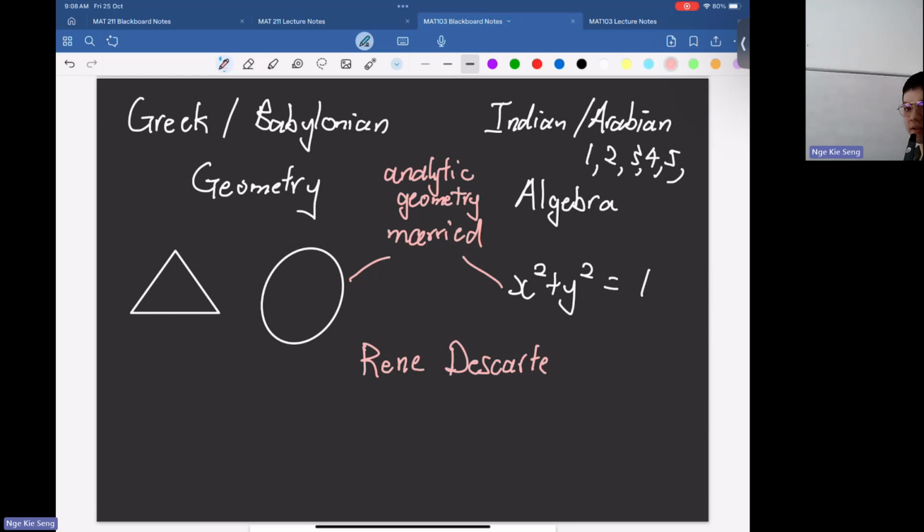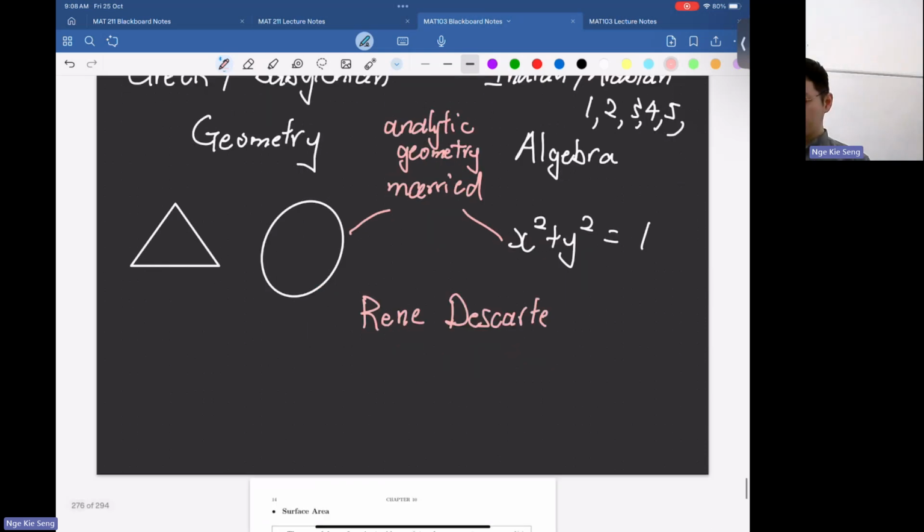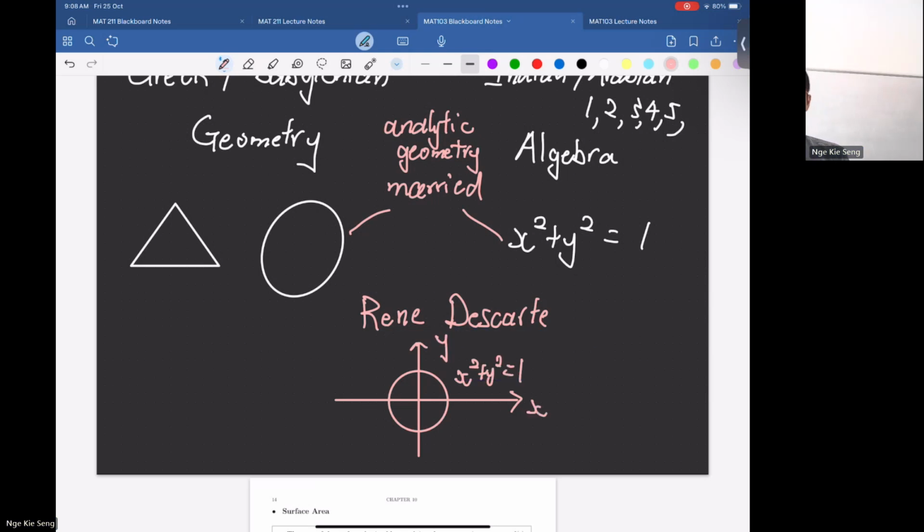Algebraic geometry studies other kinds of properties. So what did René Descartes do? He put, for example, the unit circle on R2, which is what you learn today. We put geometry on Cartesian coordinates. That's why it's called Cartesian, to honor this man.